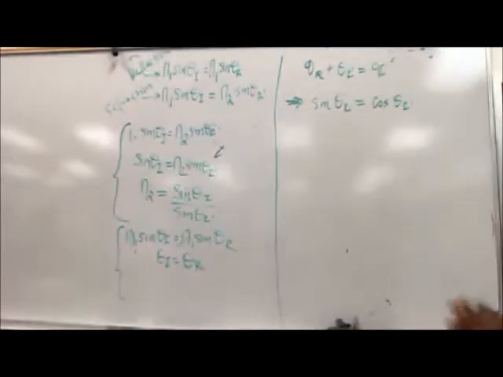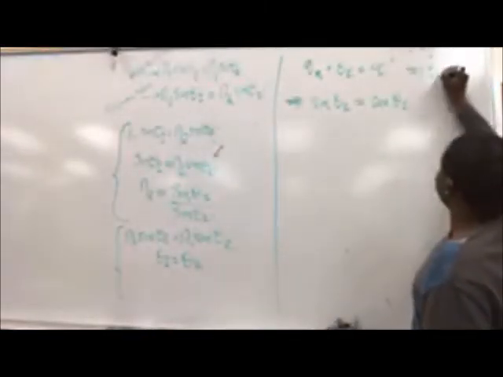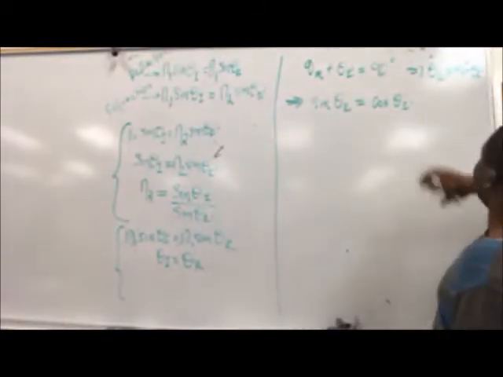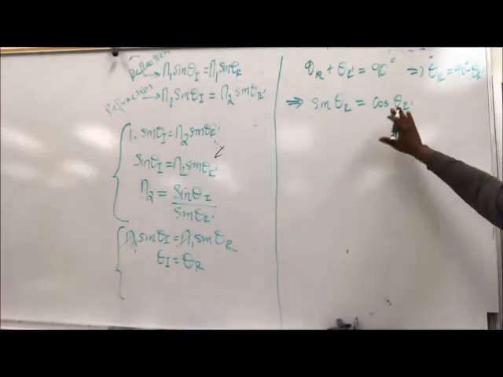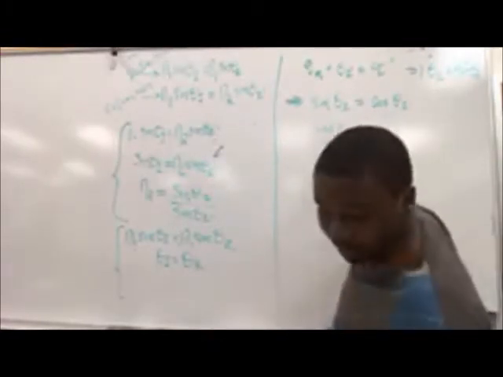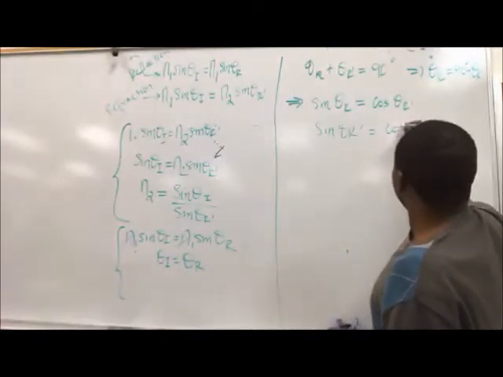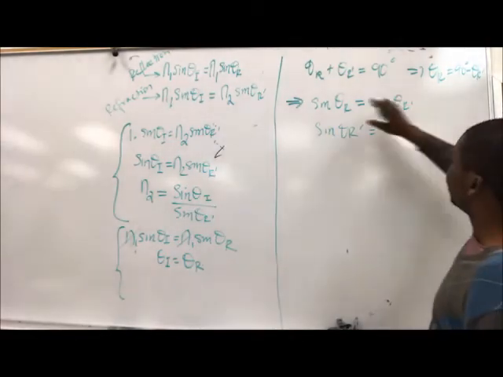Honestly, if you do that, you will see that that's what it boils down to. If you use trigonometric laws here, you should get this expression, because this in reality just says angle of reflection is 90 degrees minus angle of refraction. If you do the sine of theta r here, what you get is a cosine of theta r prime. Likewise, we can also say that the sine of theta r prime is the cosine of theta r. Okay, that's the relationship that exists between reflection and refraction.